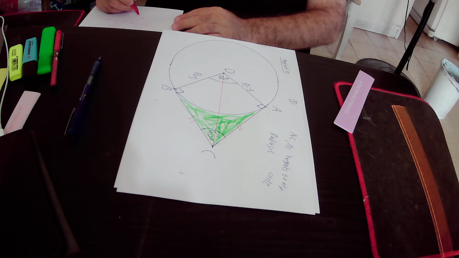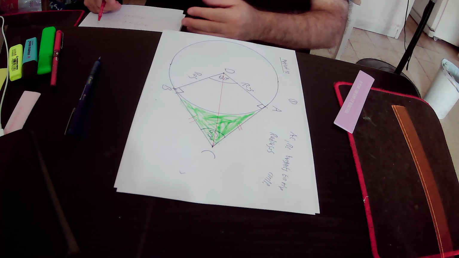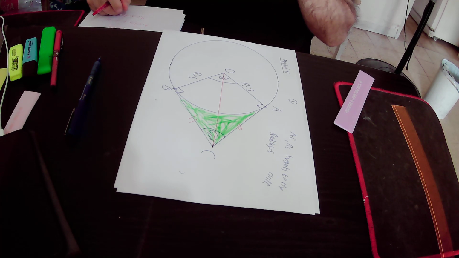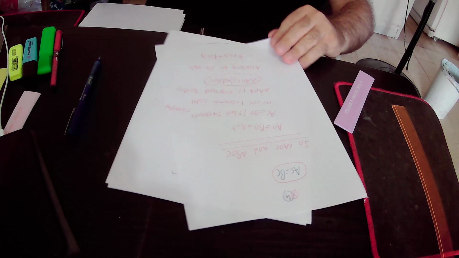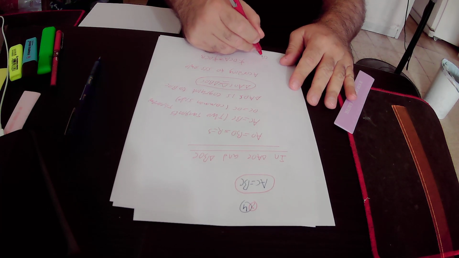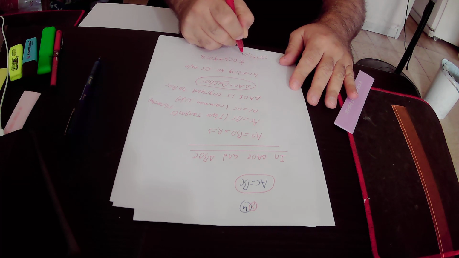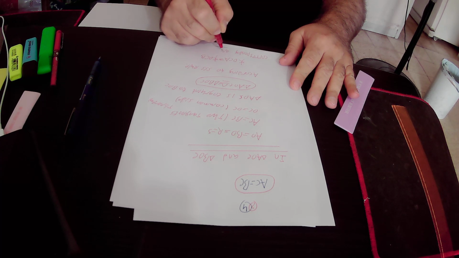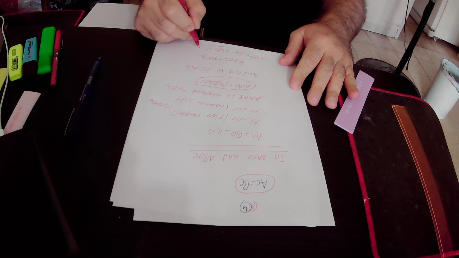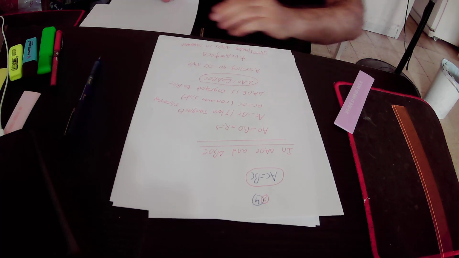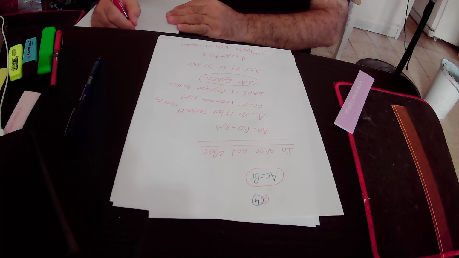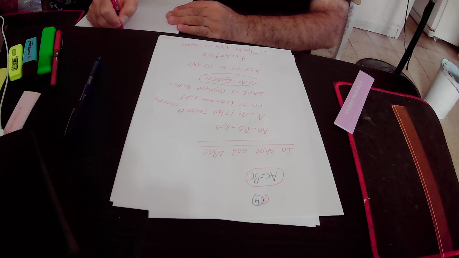This is according to the rule that corresponding angles in congruent triangles are equal to each other.